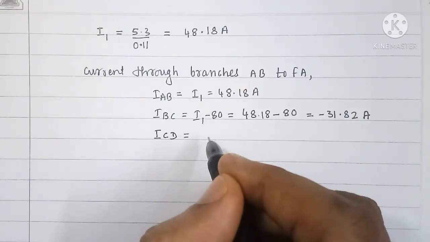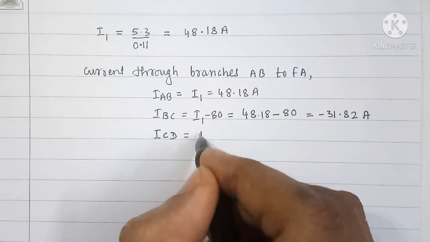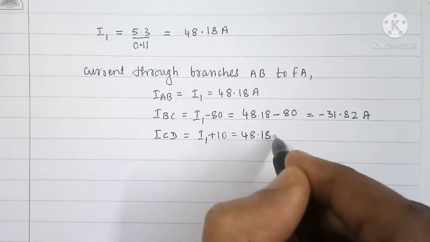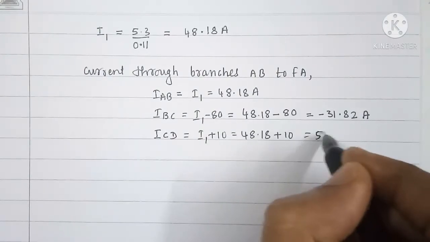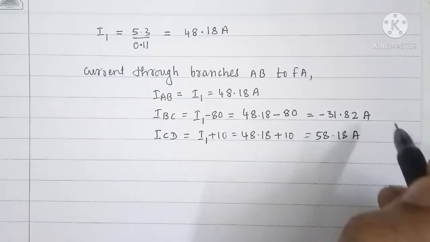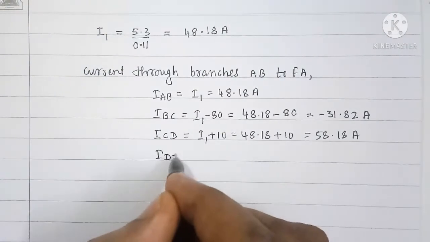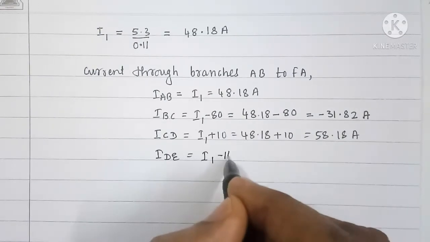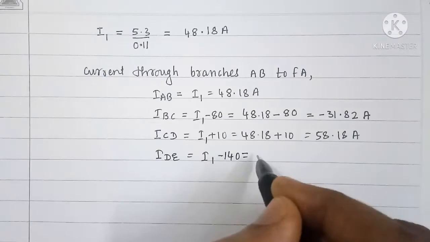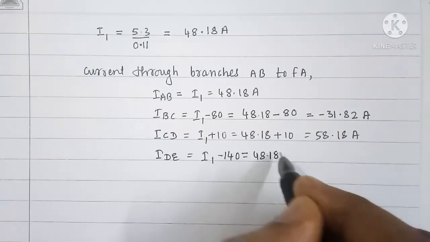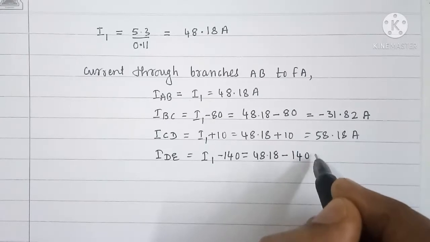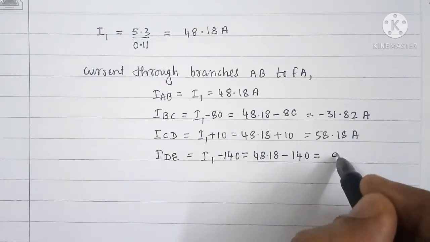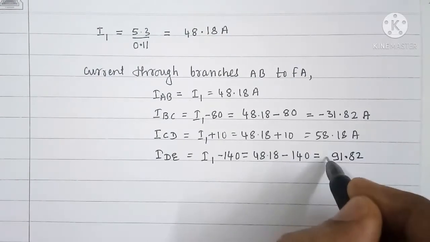ICD is I1 plus 10, that is 48.18 plus 10 equal to 58.18 ampere. IDE is equal to I1 minus 140 ampere, that is 48.18 minus 140 equal to 91.82 with minus sign.